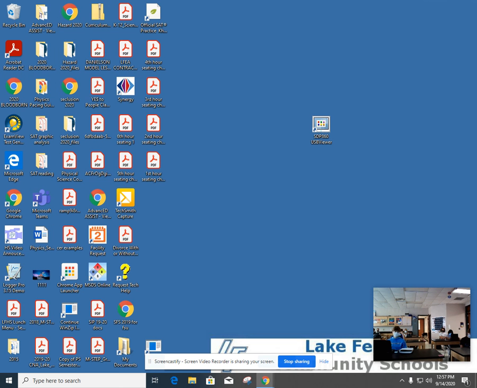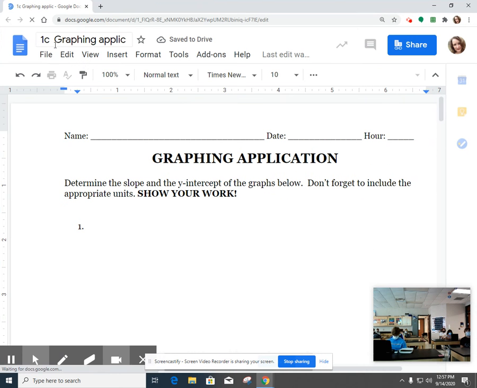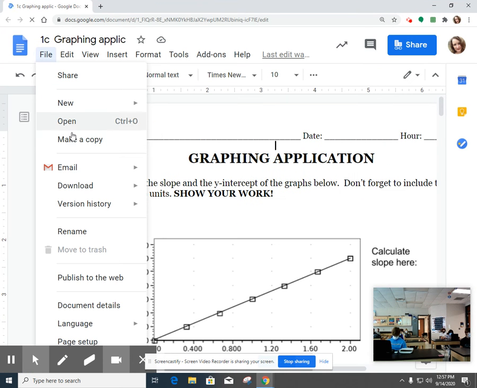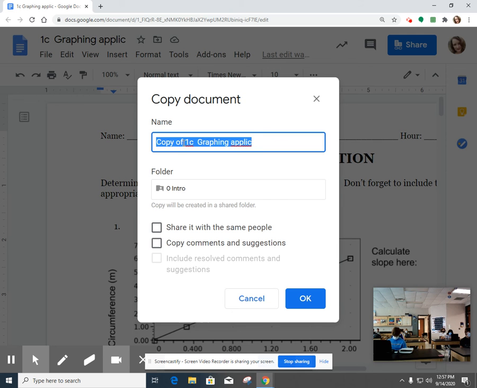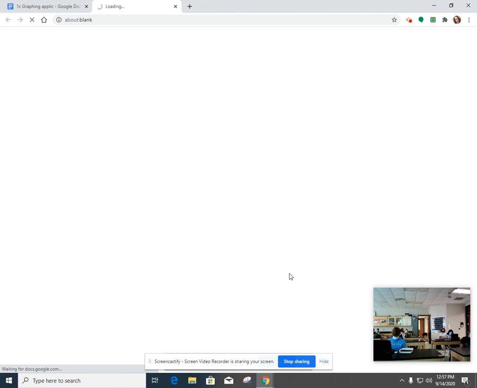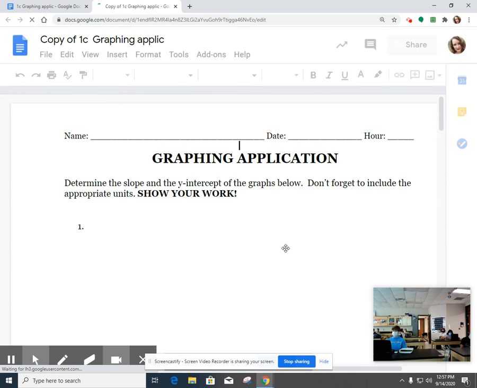Okay, this is where I want you to pull up the handout from today. Please pull up the handout that was today. The graphing application. It's called graphing application.